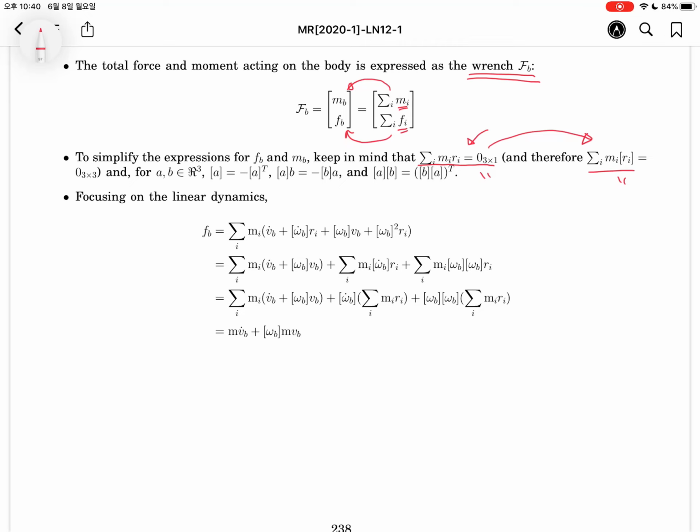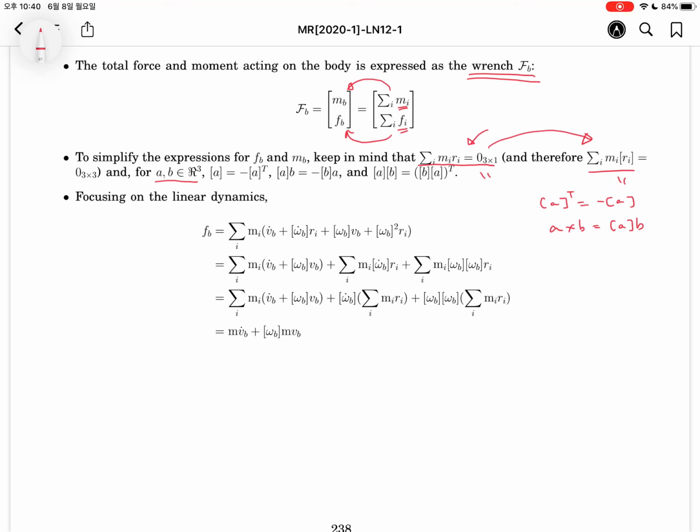On the other hand, if we have the three-dimensional vectors A and B, if you take the skew symmetric form of A using the three vector, the transpose will be the minus A. Is it right? This is a property of the skew symmetric. And A cross B can be written using the matrix form of A and B. Is it right?